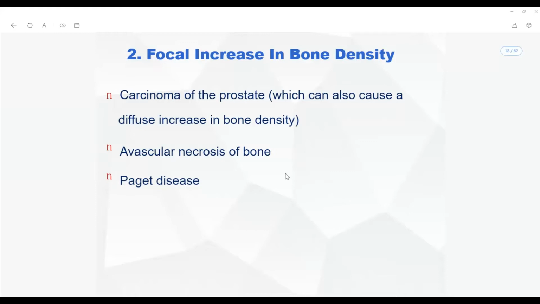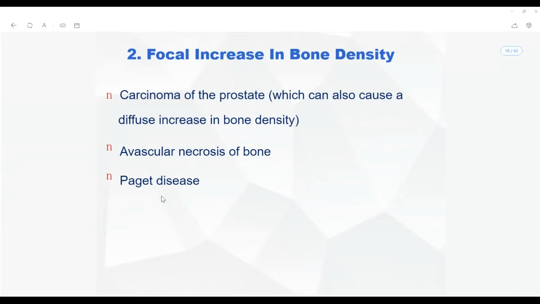You can also call them skip lesions, like the skip lesions you learn in Crohn's disease. Here in bones also we call them skip lesions. Some areas are becoming increased in density, some areas are becoming decreased in density. So skip lytic lesions seen on a bone indicate Paget's disease. Okay, right?